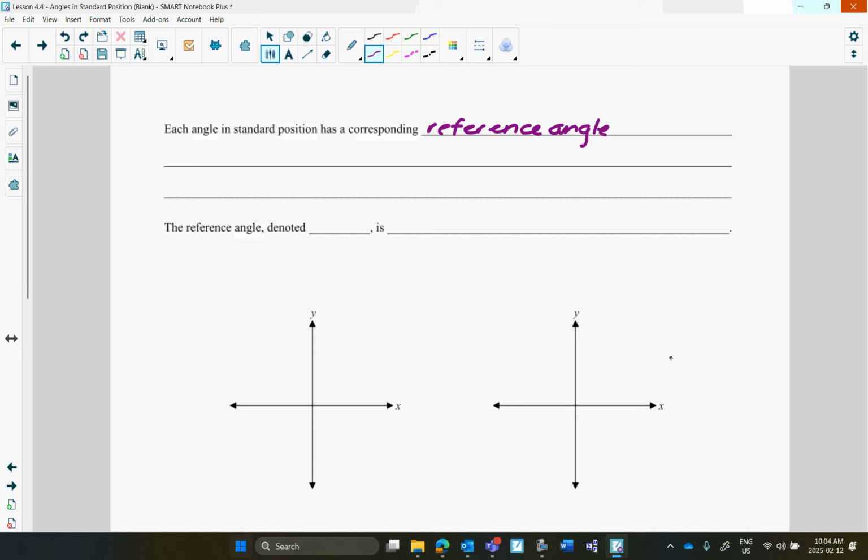And that reference angle is the angle between the terminal arm of theta and the nearest x-axis, positive or negative.